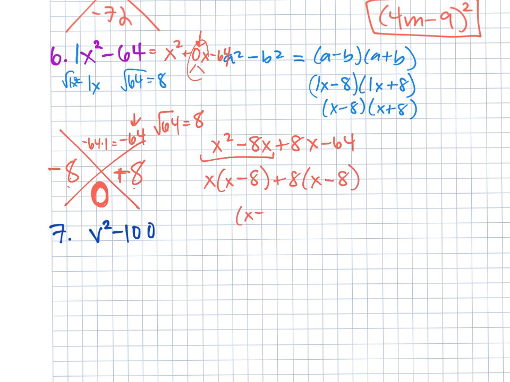Then those two match, x minus 8, and then you're left with an x plus 8. Okay? So you either have to remember that it's 0 on the bottom and just take the square root of the number when it's not negative, and then do it here, or you can do the shortcut.